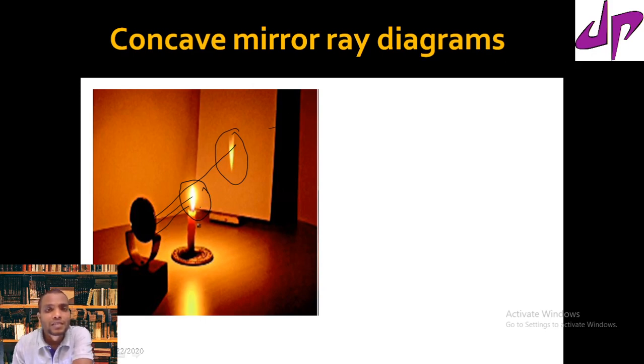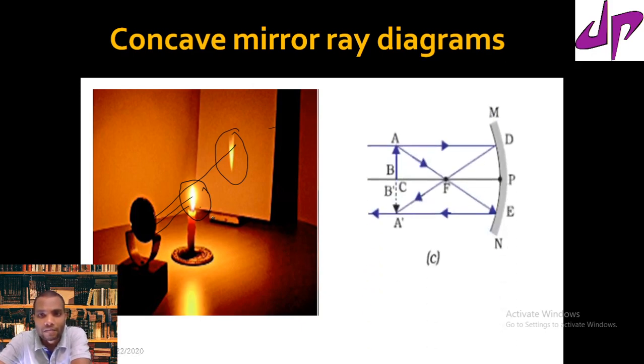Now if you represent this situation in terms of a ray diagram, this is the corresponding ray diagram. If the object AB is placed at the center of curvature, the image A dash B dash also forms at the center of curvature, and the image is inverted. We have to draw the corresponding ray diagram for this situation. So this is called a ray diagram.